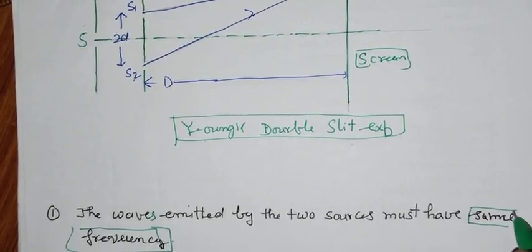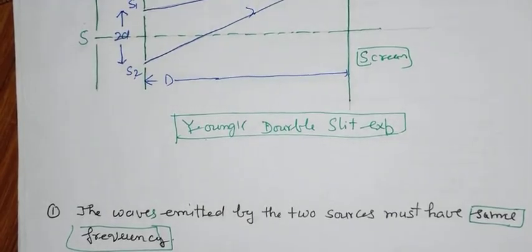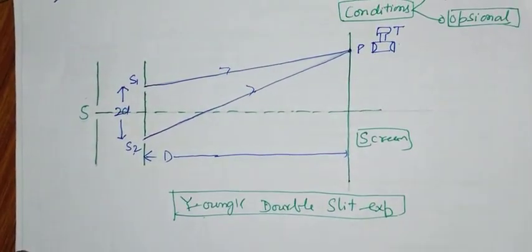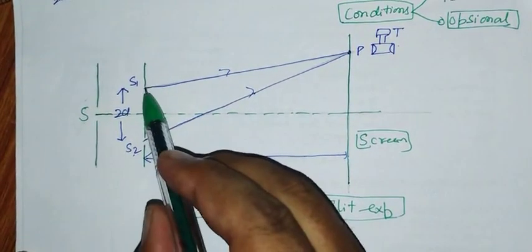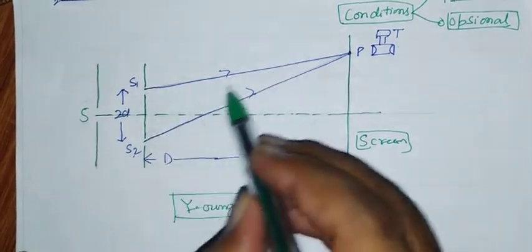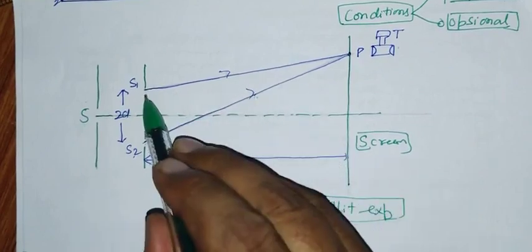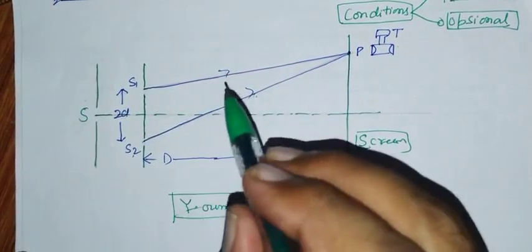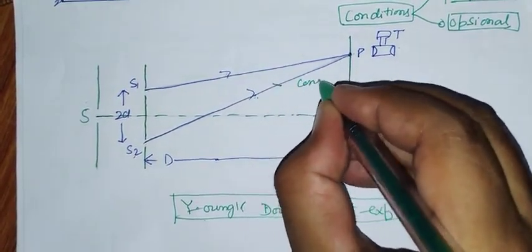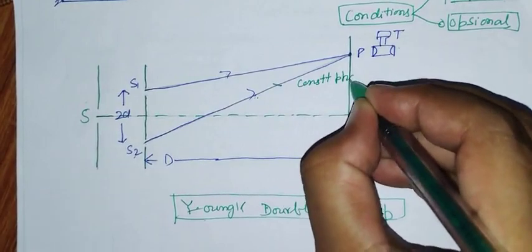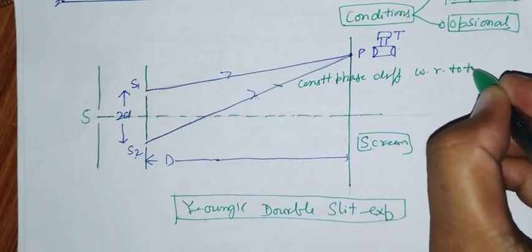The two sources producing the two beams of waves must also have a constant phase difference with respect to time.